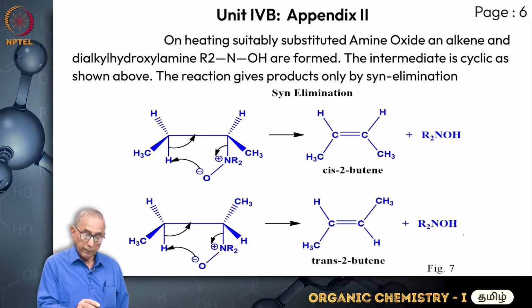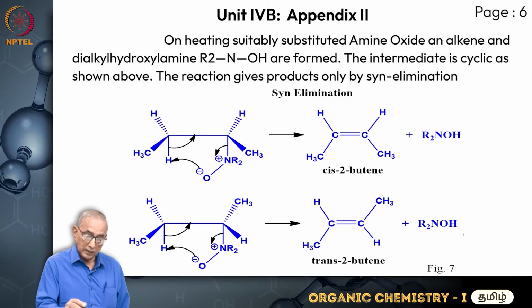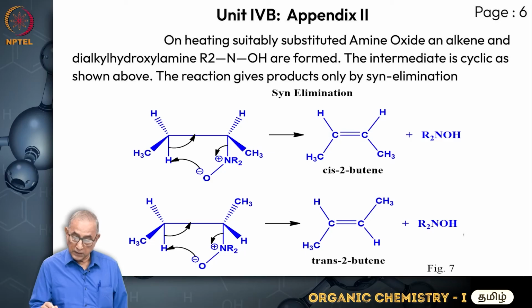So, if I write the reactant like this, where the CH group and this NR2 plus group are on the same side, and the two methyl groups are on the same side, and if it goes by a cyclic intermediate, the product formed will be cis-2-butene.